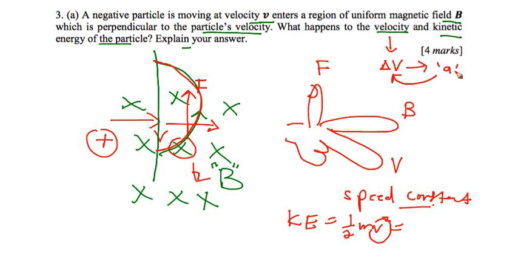Or we have a_c here, a centripetal acceleration, v squared divided by r. So what happens to the velocity? Velocity is changed, delta V, because the direction of the particle changes, and the kinetic energy is not changed because the speed of the particle is constant.